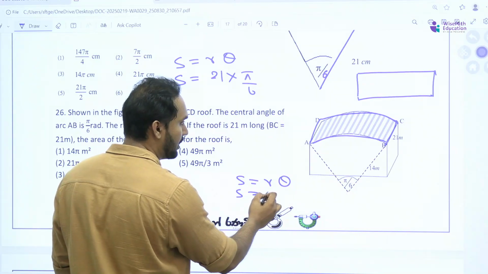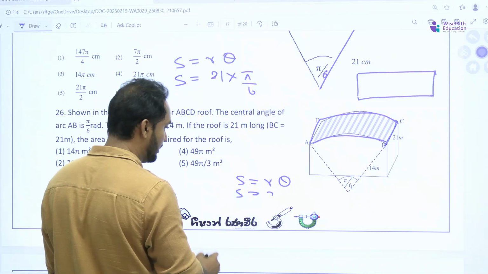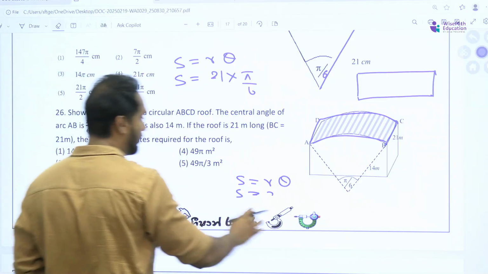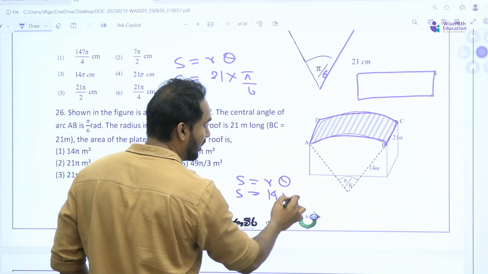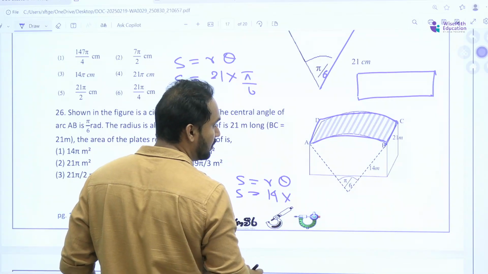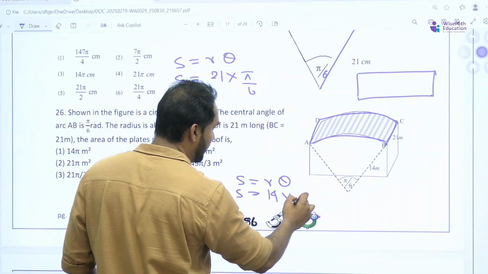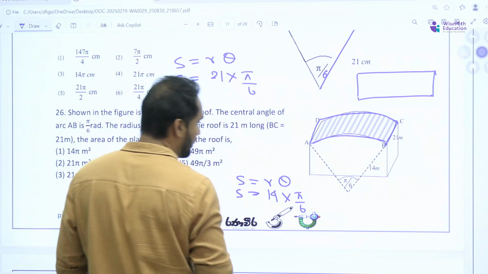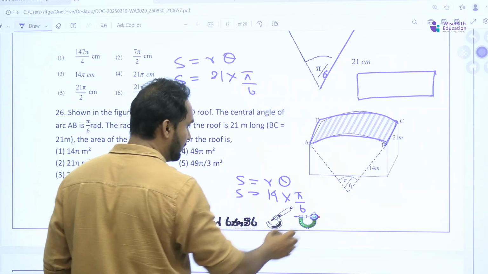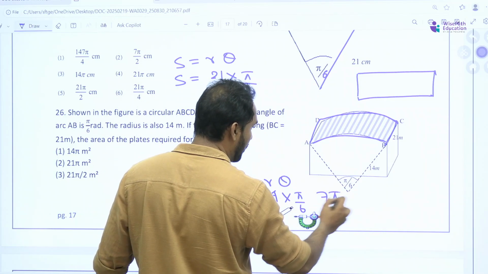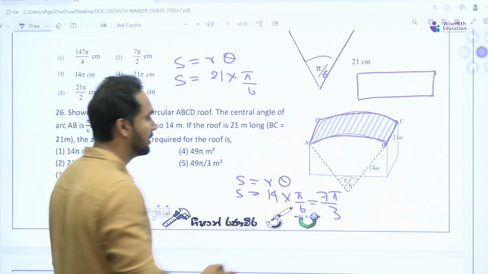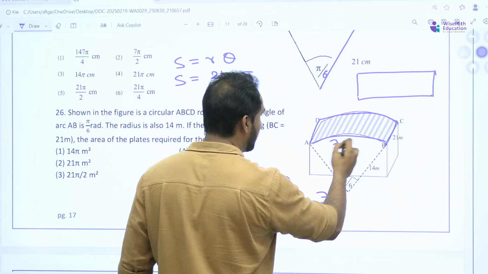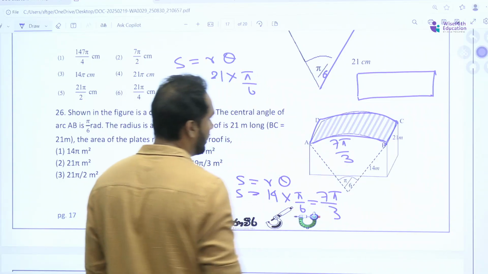Now R is given as 14 meters, and theta is 5 over 6. If you divide by 2, that is 7 into 5 over 3 is S. That is the arc length, 7 into 5 over 3.